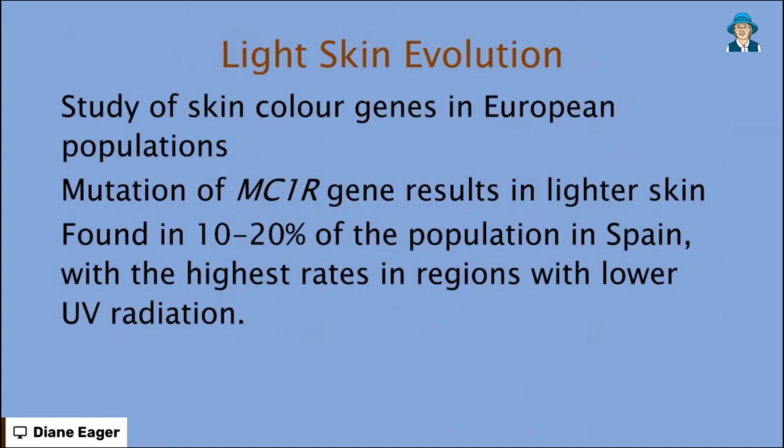They surveyed the population of a few European countries, and they found that 10 to 20% of the population of Spain had this particular gene, and the highest rates were in regions with lower ultraviolet radiation. In other words, in the places that were a little bit further away from the equator.